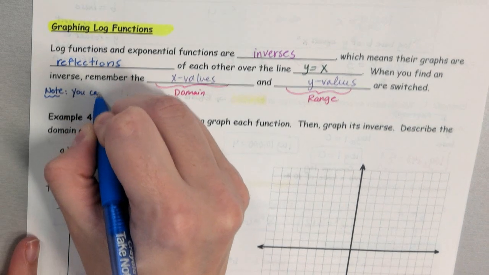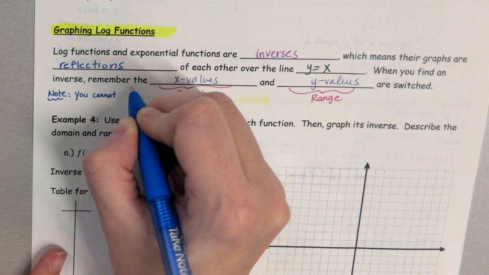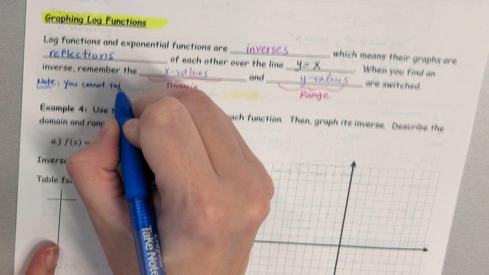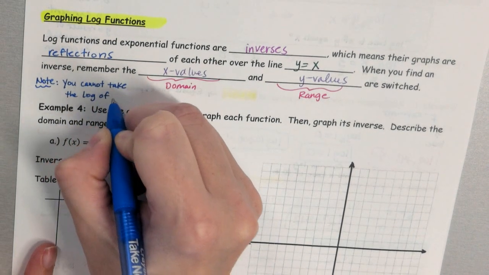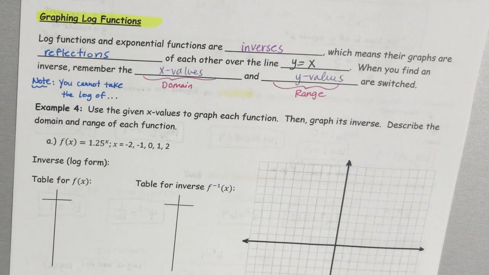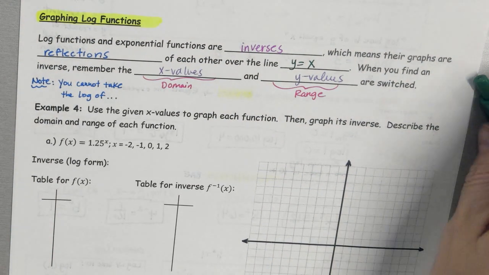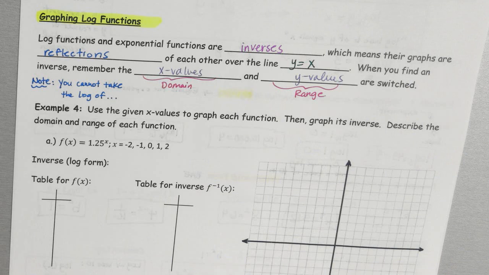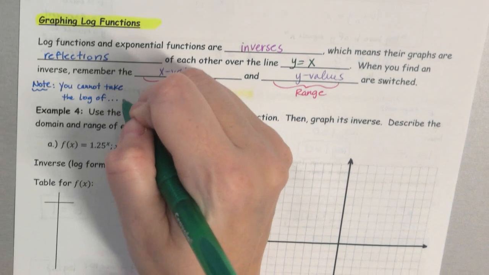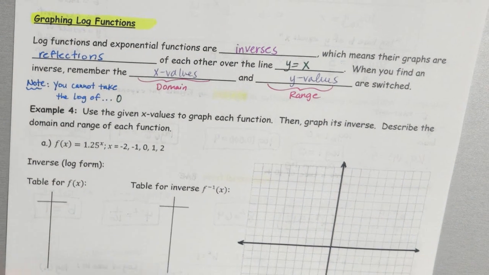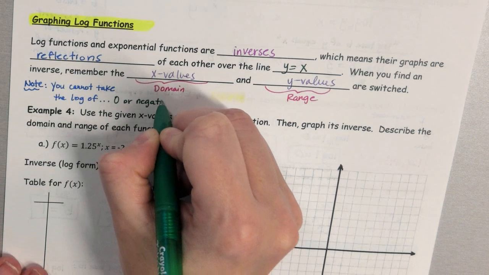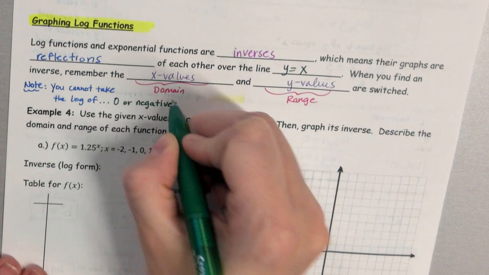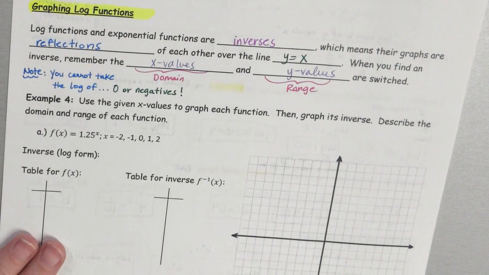You cannot take the log of, there's going to be two things that you can't take the log of, okay? One of them is going to be 0. Okay, the other thing is going to be a negative number. So you can't take the log of 0 or negatives.